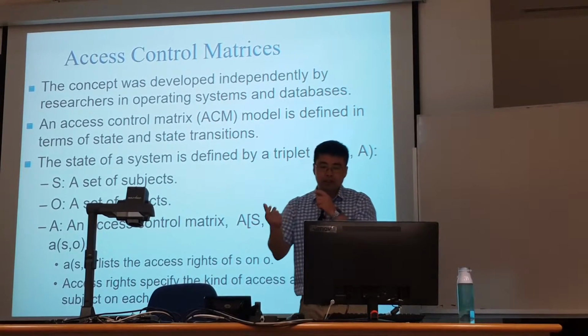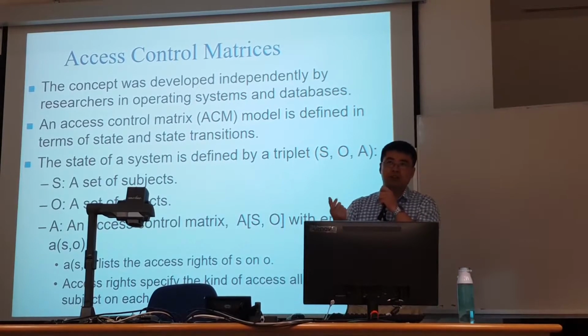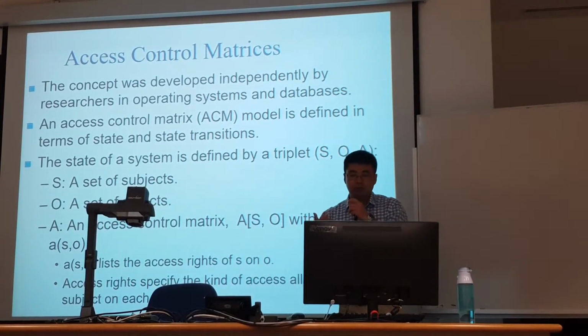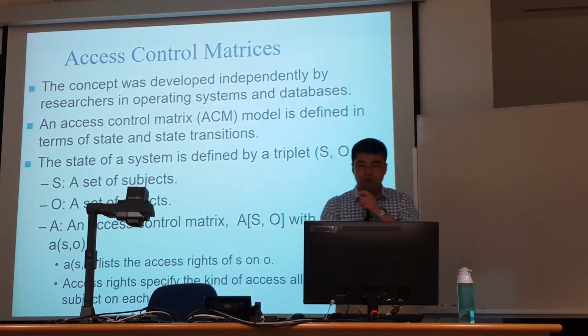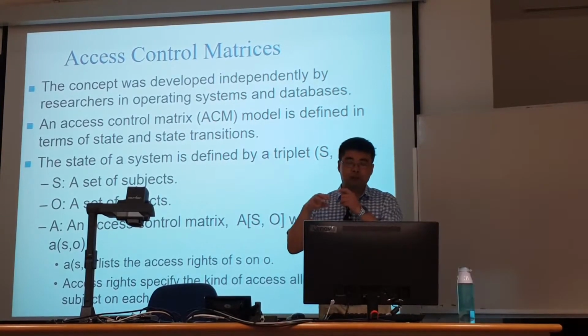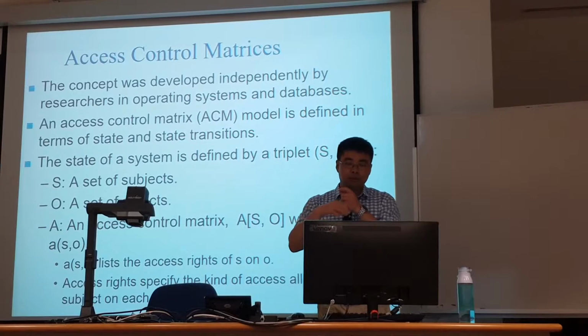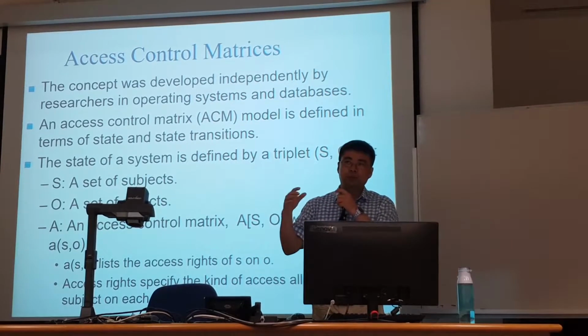Each cell in the matrix, each entry, will determine whether the subject can access the object or not. And we can have different actions in each cell. For example, user 1 can read file 1, user 1 can also write file 1, but user 1 cannot access file 2, and so on.